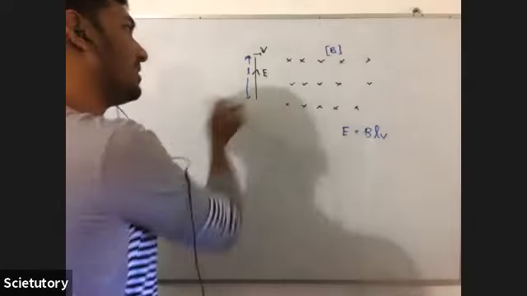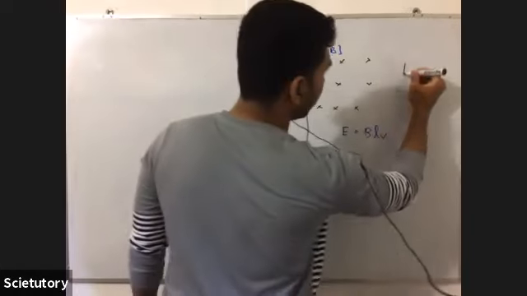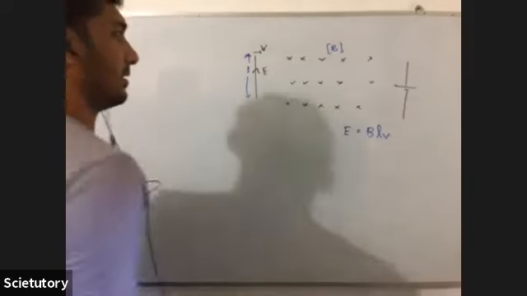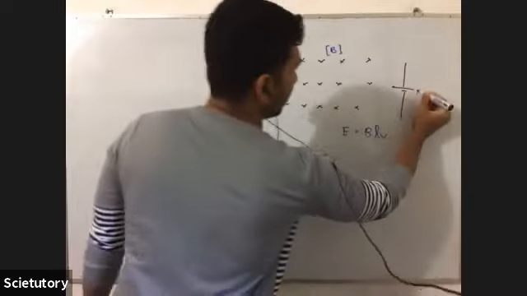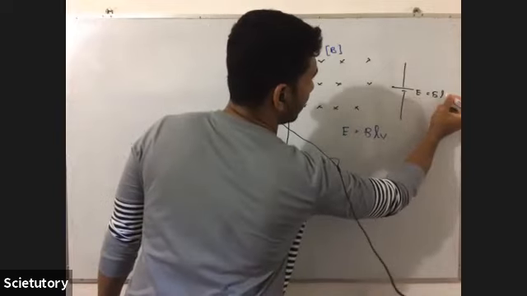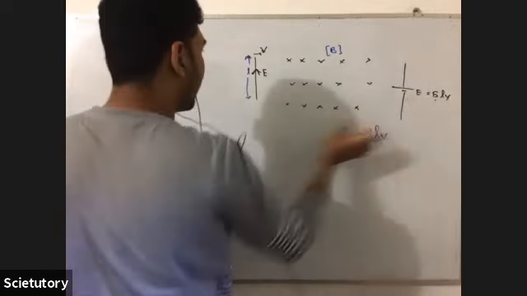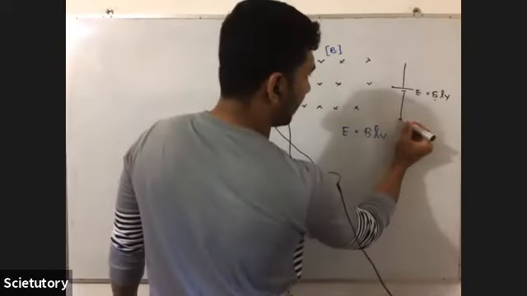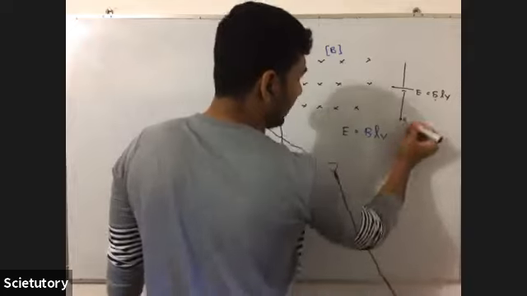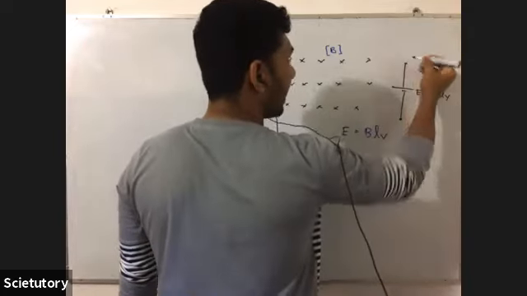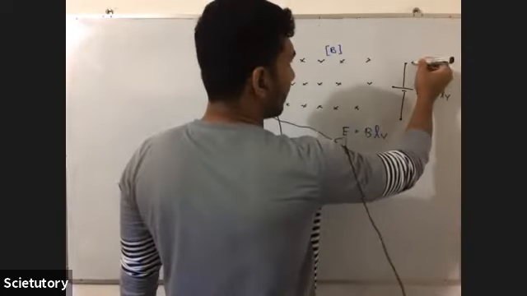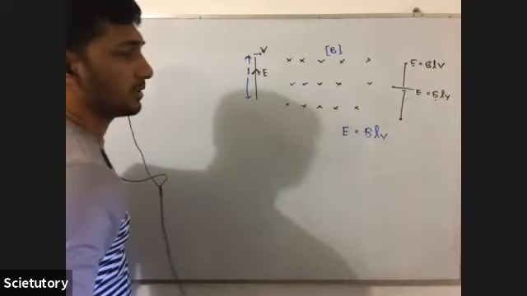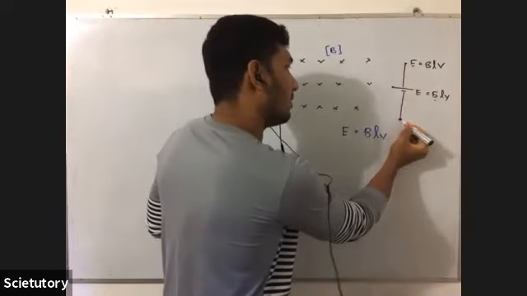So you should imagine as if it has been connected to a cell like this. So if it is E, this is also E equals BLv. So this kind of a situation is identical to this kind of a situation. Now you can tell that in relation to this terminal, this has a voltage of E equals BLv.